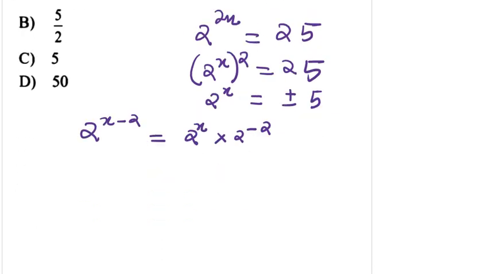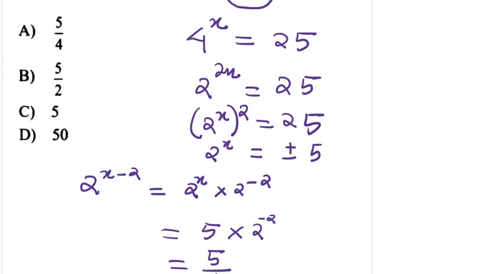Look very carefully. If I put 2^x as 5 into 2^(−2), that would be 5/4. Alright, 5/4. So do we have a 5/4 in the options? Yes, we do have a 5/4. And we don't have a negative term. Mind you, we don't have a negative term, so we cannot take the negative one. So our final answer is going to be 5/4.